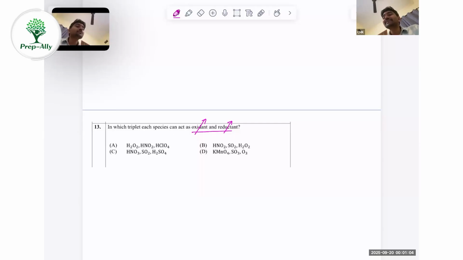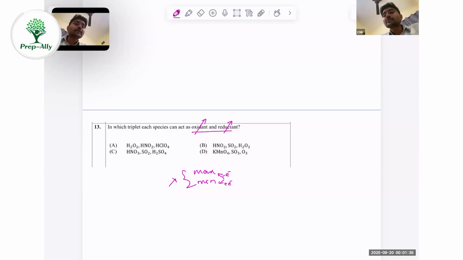Reductant means which donate electrons, called reducing agent. So if they're acting simultaneously, the element is neither in the maximum nor in the minimum oxidation state. It can go to the maximum oxidation state by releasing electrons, and by accepting electrons it can come to the minimum oxidation state.